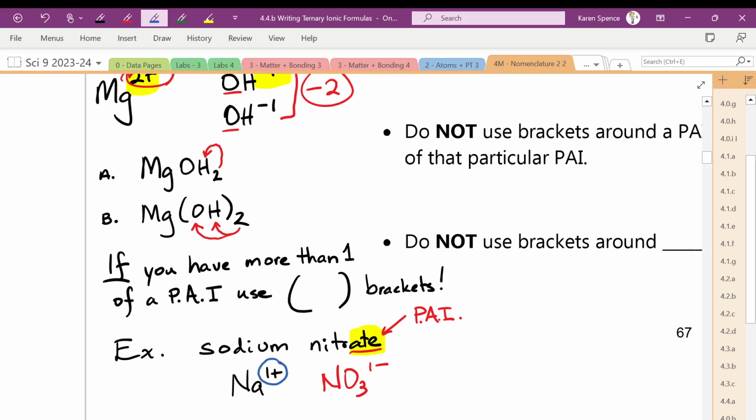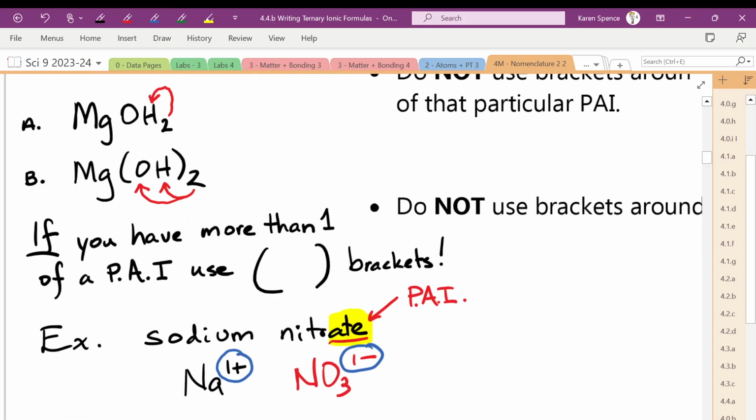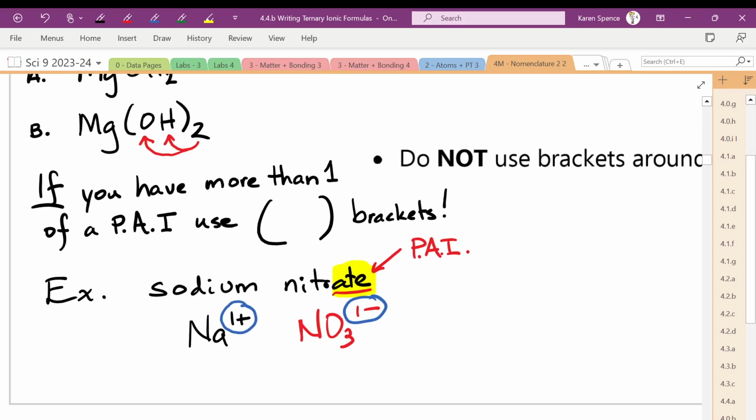Do our charges equal? Yes. So we don't need to add any more of either of them. We simply write 1 Na and 1 NO3. And again, I'm going to give you a little choice.